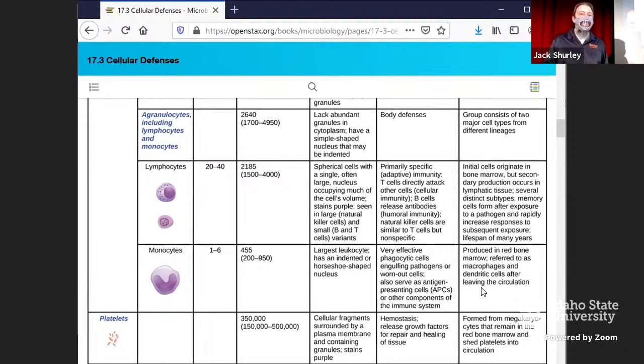We've got a couple of different potentials with these guys, and we call them agranulocytes, although there is the potential that we might see some with a few granules. For the most part, very low levels of that or non-existent, right?